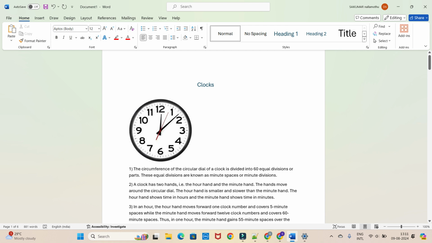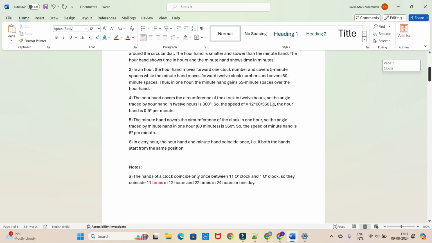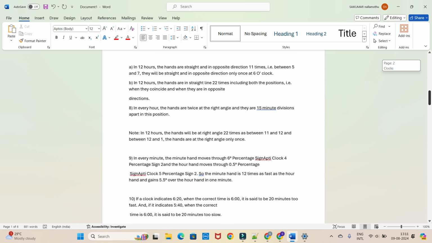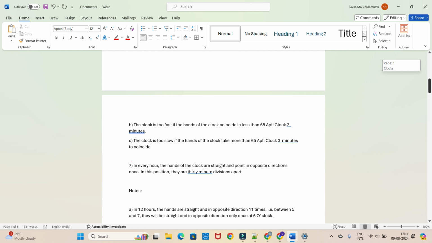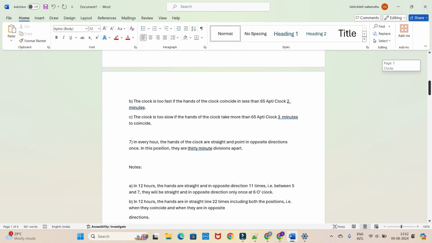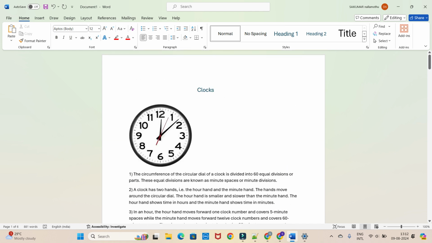See, generally 12 to 6 will be straight, and 1 to 7 will be straight, and 3 to 9 will be straight, 4 to 10 would be a straight line. But when coming to 5 and 7, there could not be a straight line.